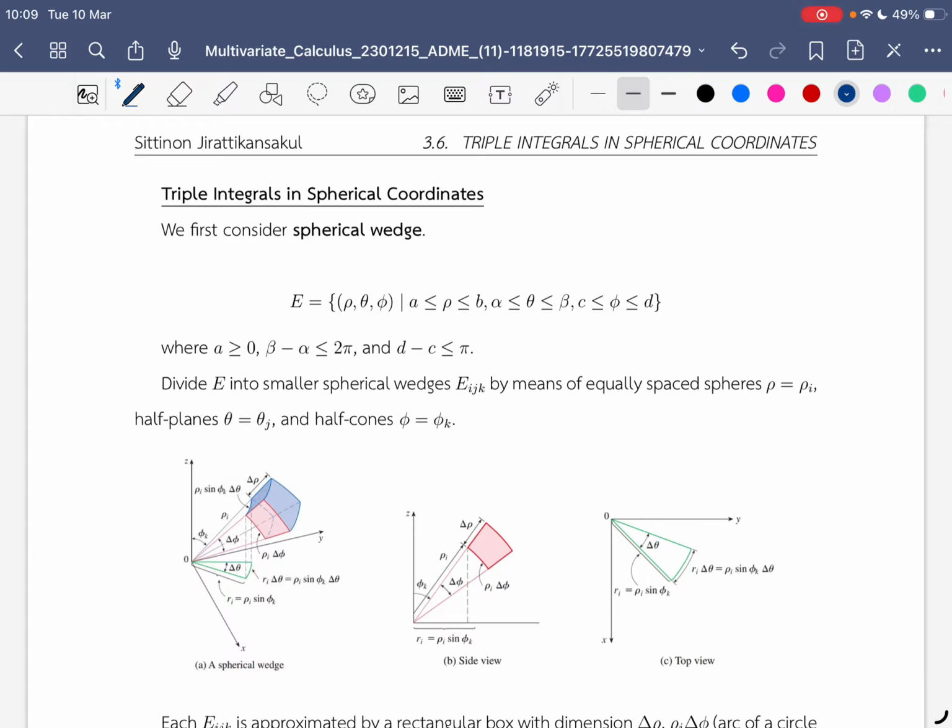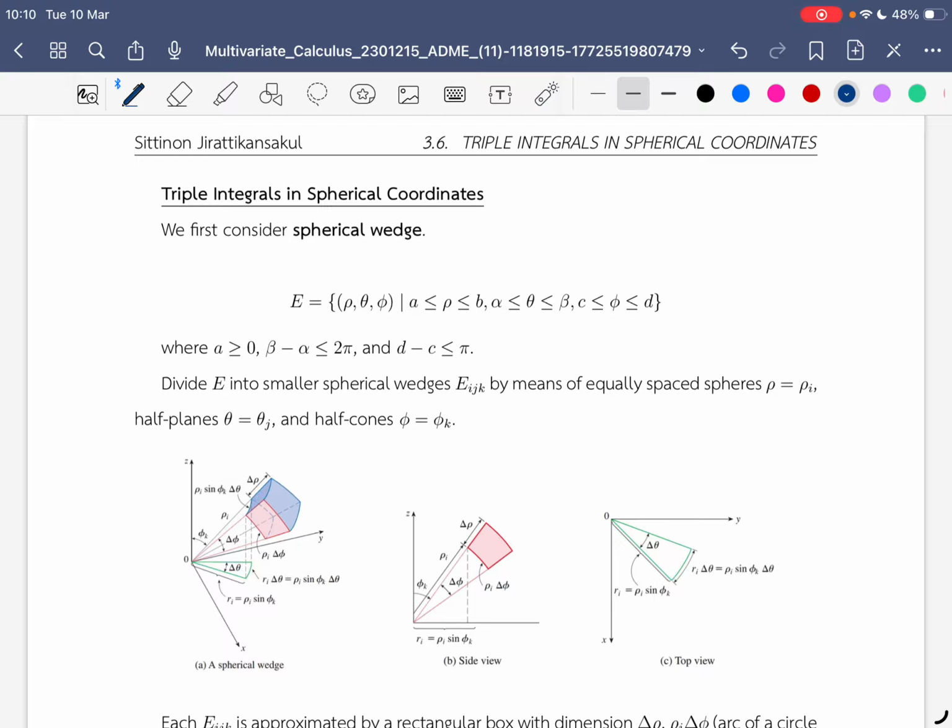But once you compute this, the main idea is you use classical geometry. This you transform into the rho, the theta, the phi. Once you cut into smaller and smaller pieces and take the limit, this will become d rho, d theta, d phi. Remember for the cylindrical one, you have the extra factor of r when you integrate. For the spherical one, your extra factor is going to be very different.